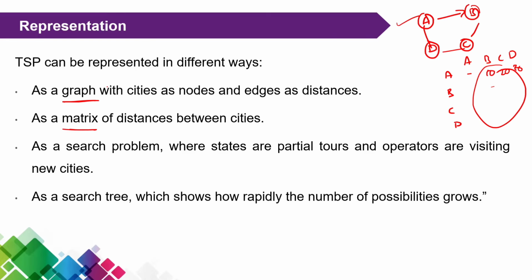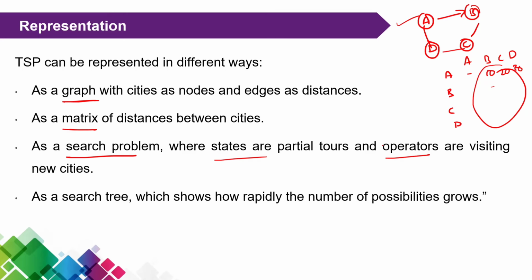Now we can also represent the problem as a state space search. In this, the states represent the partial tours, that is, the cities that are visited so far. And what are the operators?